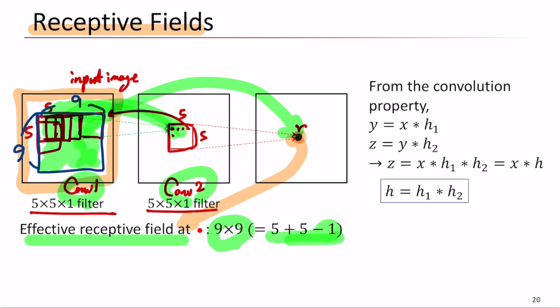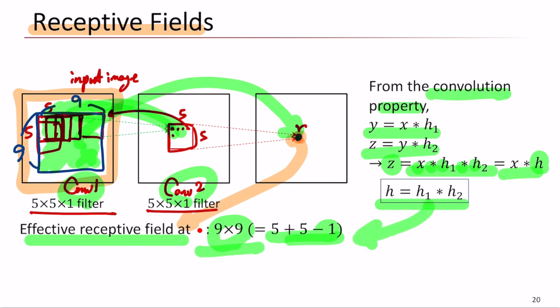Another perspective is from the convolution property. If y is x convolved with h1, and z is y convolved with h2, then z is x convolved with h1 convolved with h2, so z is x convolved with h, where h is h1 convolved with h2. That's it.